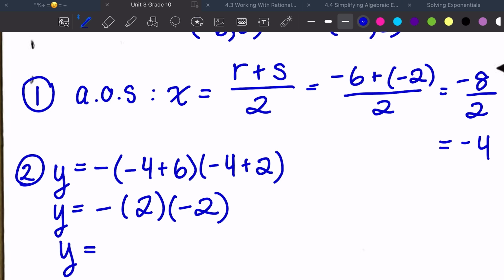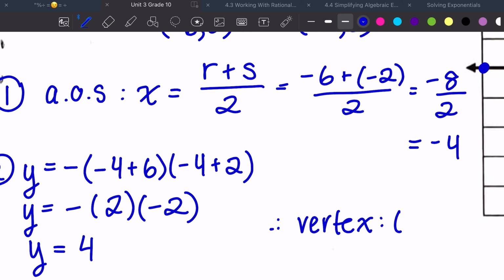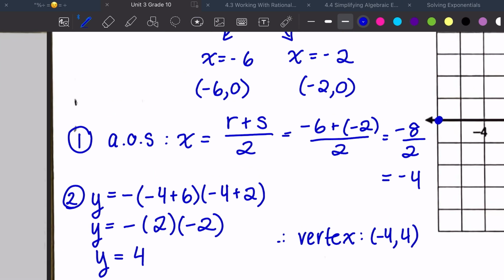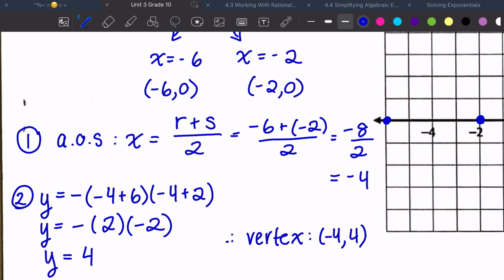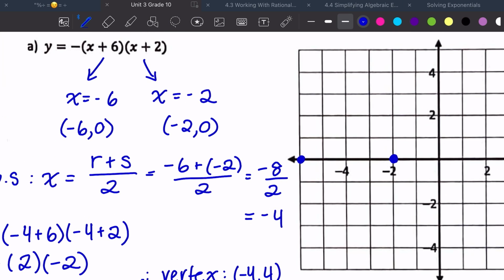So -4 times -1 gives me positive 4. Therefore, our vertex is at -4, 4. That's my exact point. So find the AOS, that's the x value of the vertex, and then plug it into your equation, and that'll tell you the y value. So I know I've got to be at -4, 4.